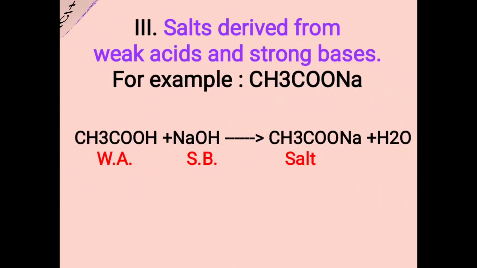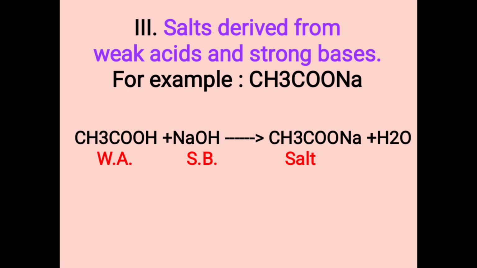Now the third type is salt derived from weak acid and strong base. This salt uses a weak acid and a strong base. The example is CH3COONa. There is a use of a weak acid, one example being acetic acid, CH3COOH, plus NaOH, which is a strong base.